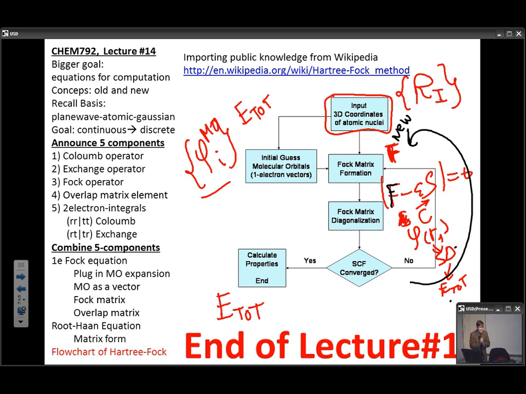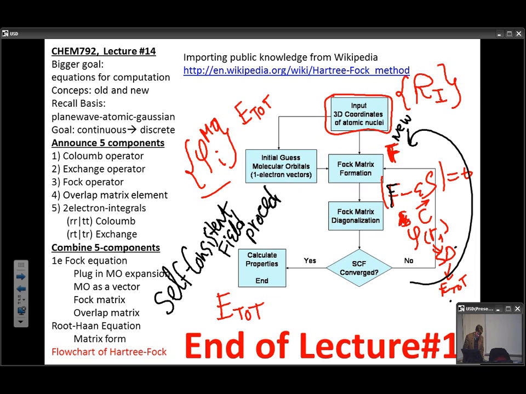Through these iterations, the values of total energy should get consistent, and the background electric field that affects our single electron should also get consistent. Therefore, this procedure is often referred to as the self-consistent field procedure.